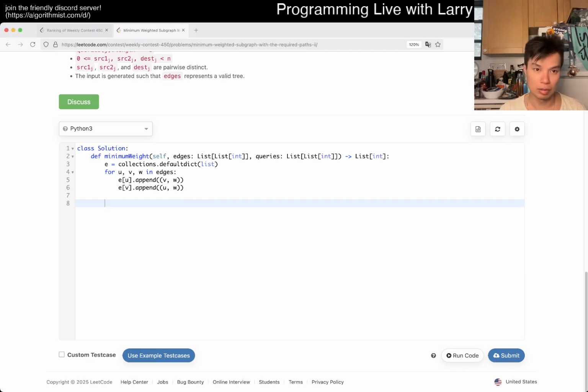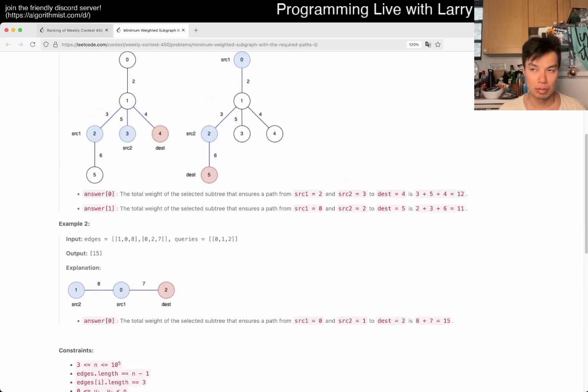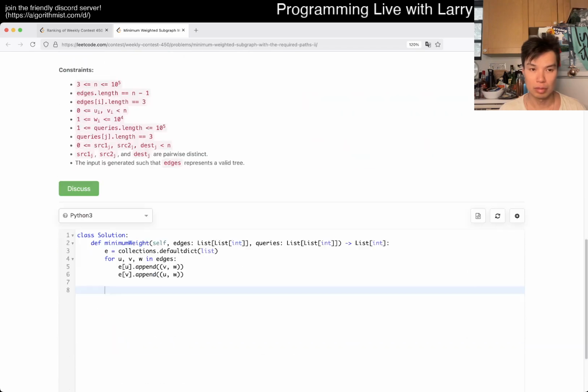What's it called? Okay. How do I get LCA again in binary lifting?